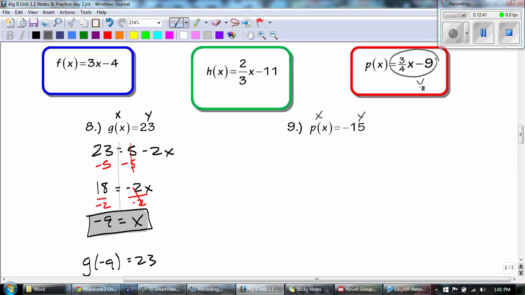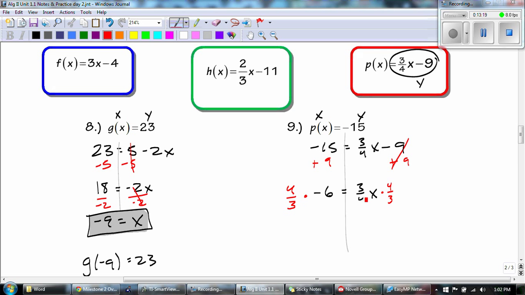Since this is my y, I can set those equal. So negative 15 equals the 3/4 x minus 9. And guys, it's just solving. SADMAP. Add the 9 to both sides. We get negative 6 equals 3/4 x. To get the x by itself, I need to multiply by the reciprocal.